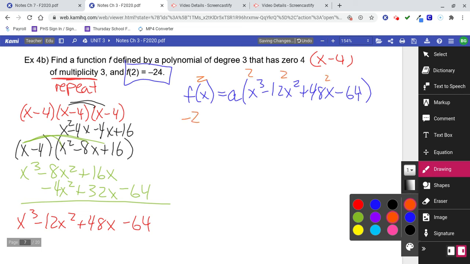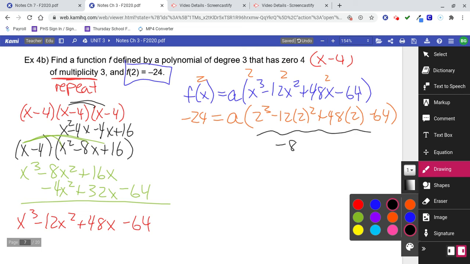F of 2 is negative 24, and that's going to equal a times whatever you would get: 2 cubed minus 12 times 2 squared plus 48 times 2 minus 64. By all means, use a calculator. When you do all that math, you're going to get negative 8. So negative 24 equals a times negative 8.